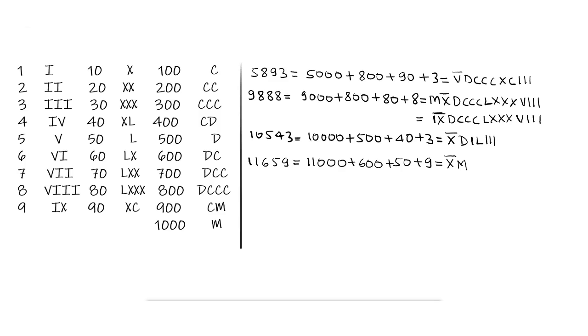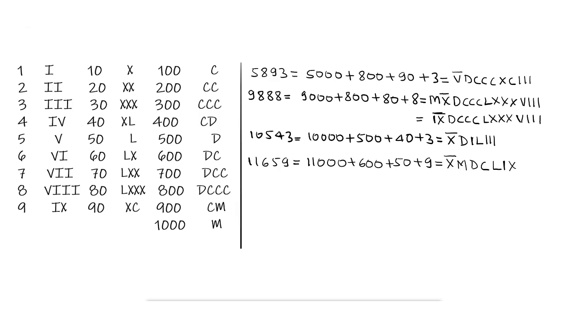Now 600 is DC, 50 is L, and 9 is IX. So this becomes X bar M D C L I X.